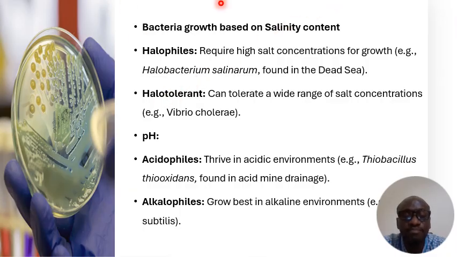Example, we have Bacillus subtilis that is used in biotechnology and cleaning products. Bacillus subtilis, that is the name of the alkalophiles. And the acidophiles, we have Bacillus thiooxidans that are found in acid mine drainage.